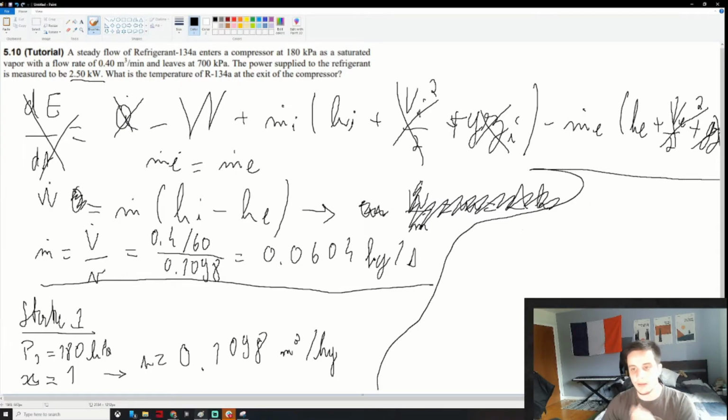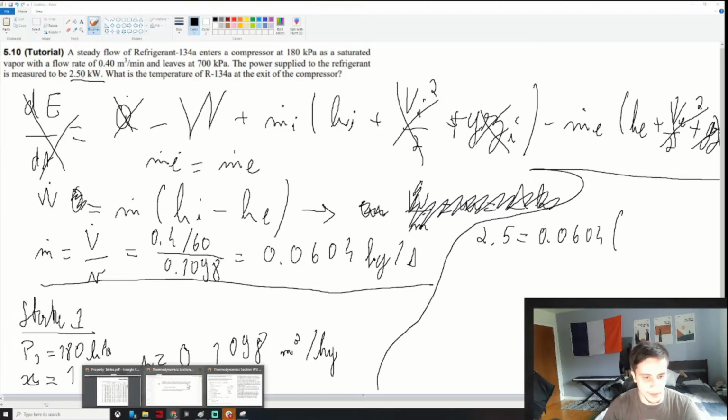Plug in everything to the first law equation. So 2.5 is equal to mass flow rate of 0.0604, and then times HI, which oh, well, I didn't get.